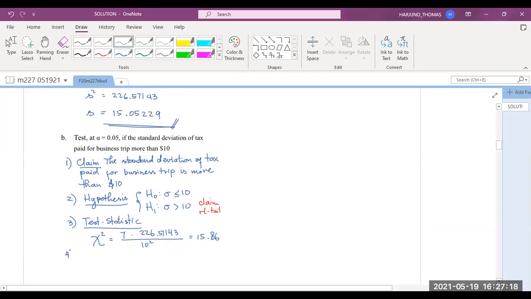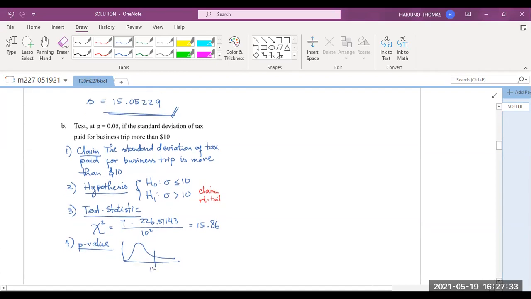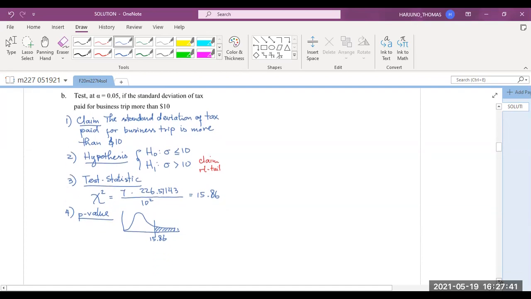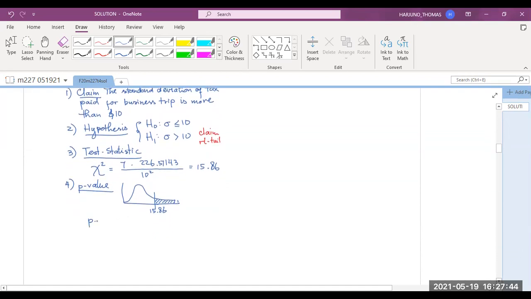Step 4, p-value. So it's a right tail for the chi-square distribution. That's 15.86. So the p-value will be 1 minus chi-squared CDF of 15.86, 1E99, degree of freedom 7.